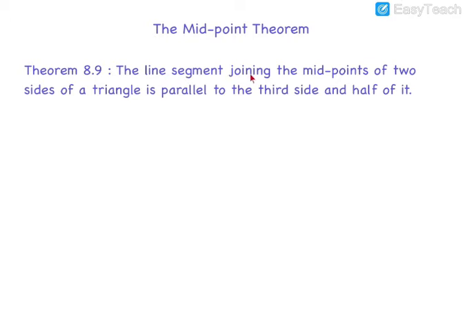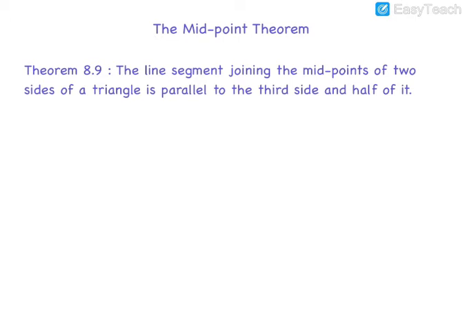The line segment joining the midpoints of two sides of a triangle: this part of the sentence is what is given to us. What follows after this is what is to be proved. That is, we have to prove that this line segment is parallel to the third side and half of it.